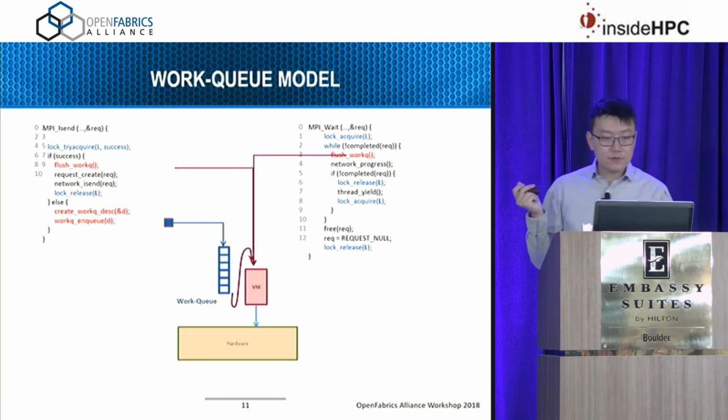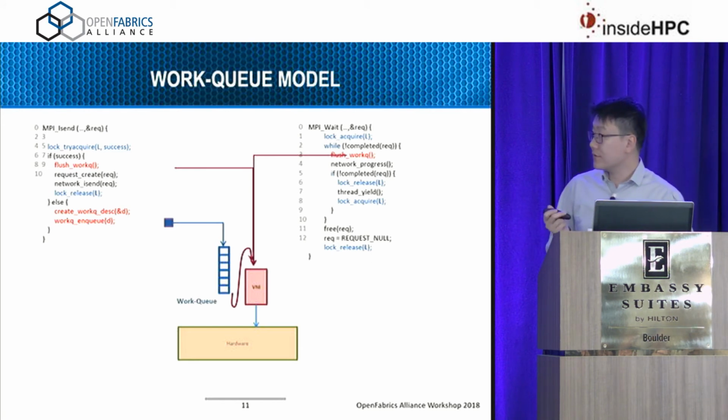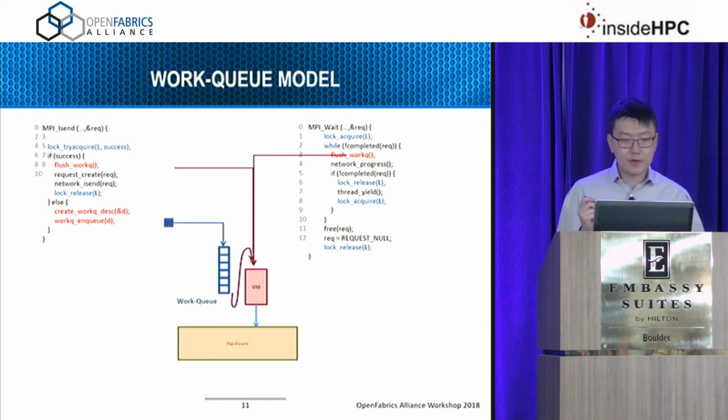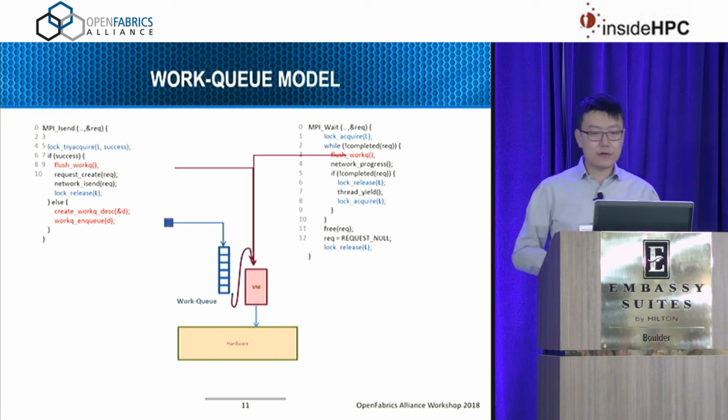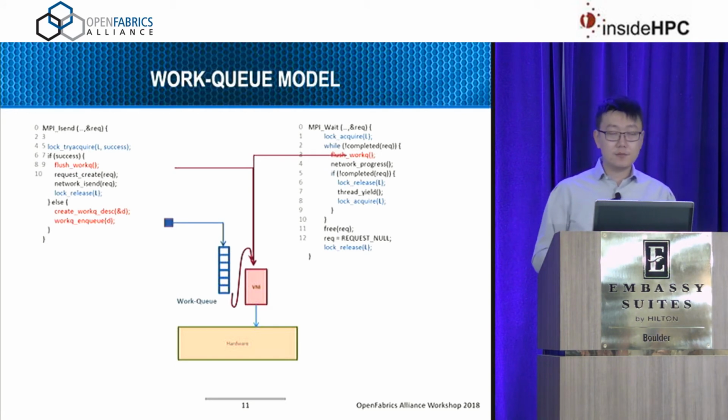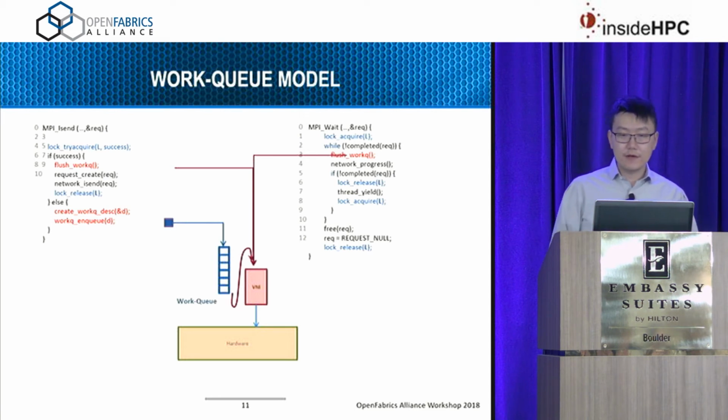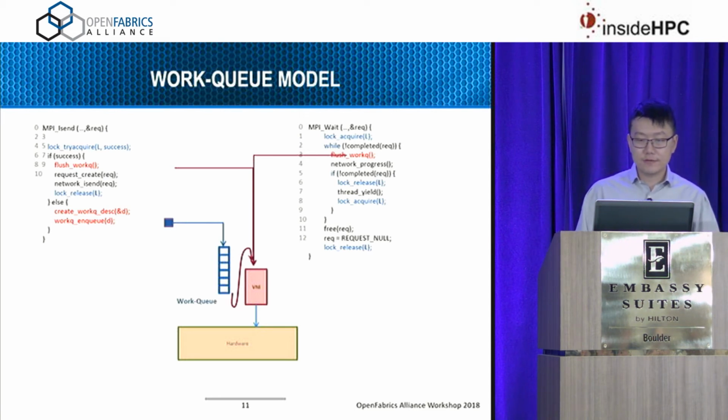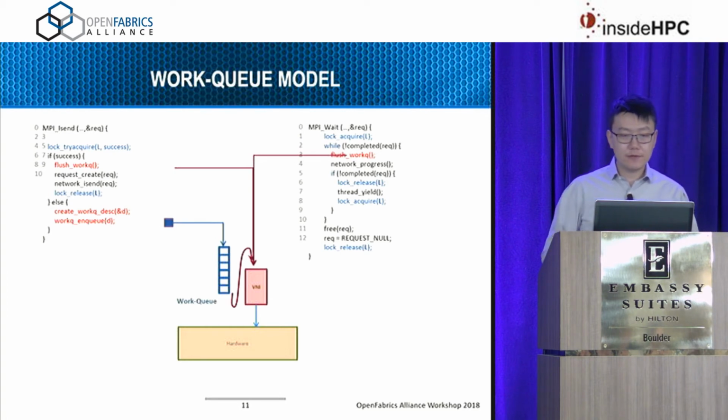The work queue model also avoids these cases, because whoever has the lock to the critical section will keep issuing the work that is in the work queue. So in that sense, the entire program will spend less time just waiting for locks.